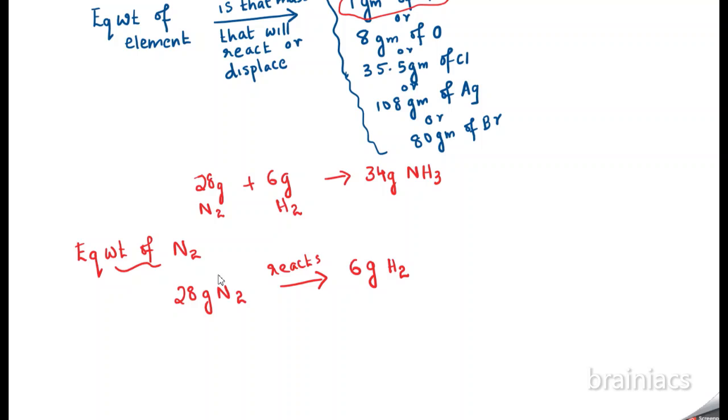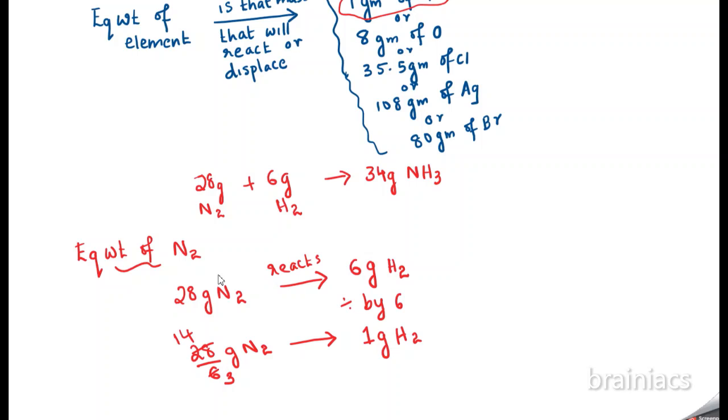So to convert this into 1 gram, what should we do? Divide by 6 on both sides. So dividing by 6, this will become 1 gram hydrogen. And this will become 28 divided by 6 gram nitrogen, correct? This 28 by 6 will become 14 by 3.